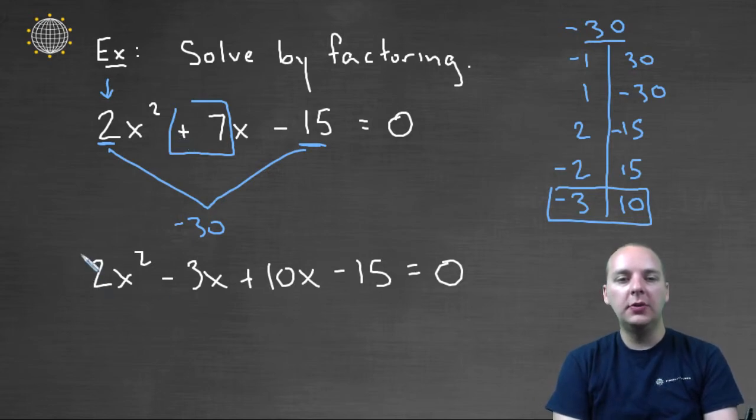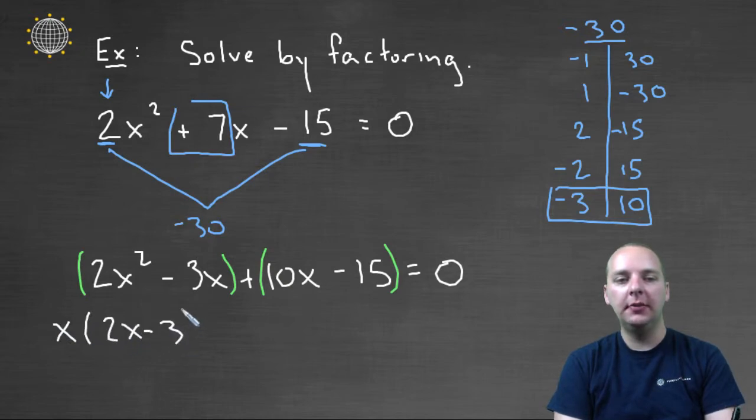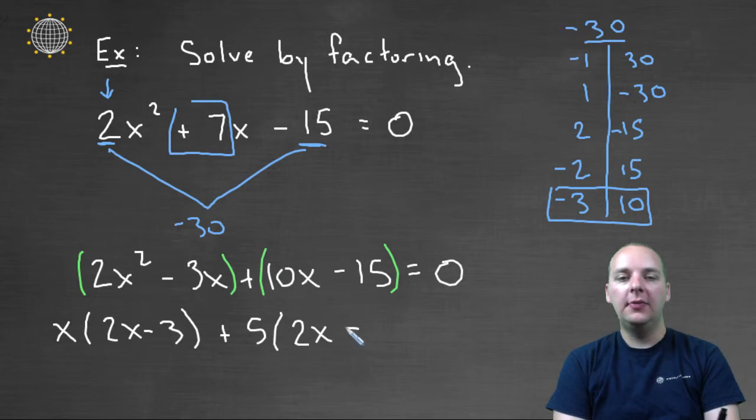We'll group the first 2 terms, and we'll group the last 2 terms, and then we'll pull out any common factors from each group. The first one, we can pull out an x, and I think that's about it. So we have x times 2x minus 3. And then out of the second group, I can pull out looks like a 5. Pull out a 5, and 5 out of 10x would leave 2x, and 5 out of 15 would make 3.